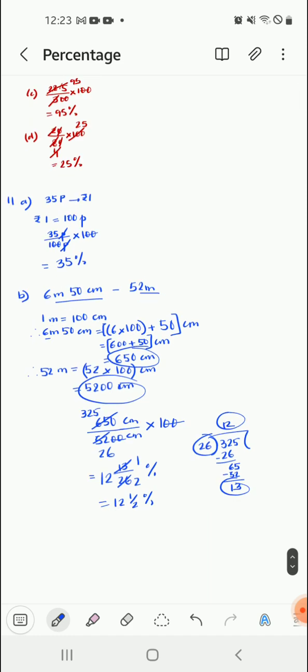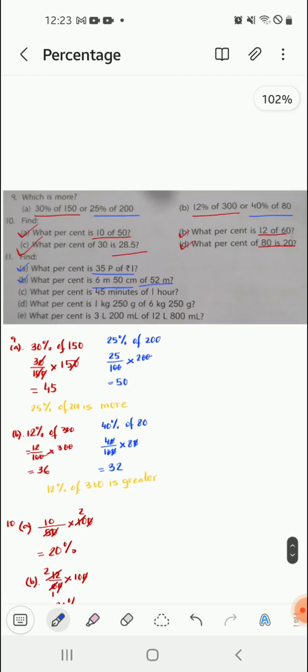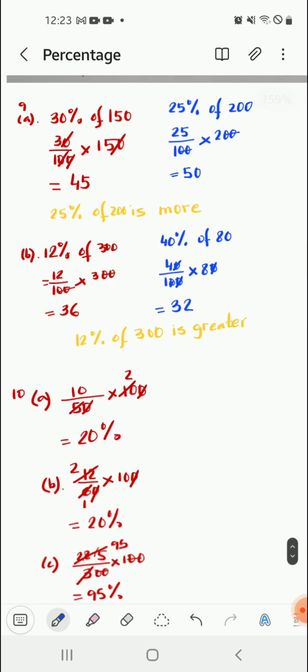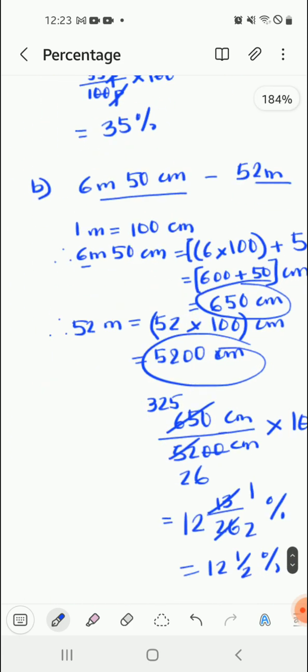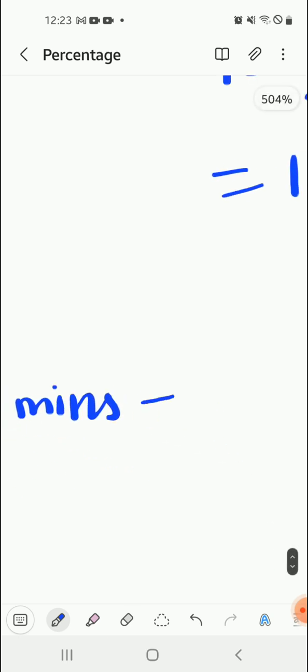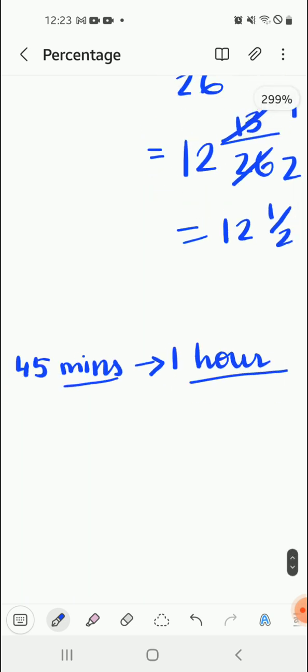Moving on to the next question, 11C. What percent is 45 minutes of 1 hour? Again in this question, we can see that one unit is in minutes, another is in hour. As I told you previously, we are going to convert it into the same unit.